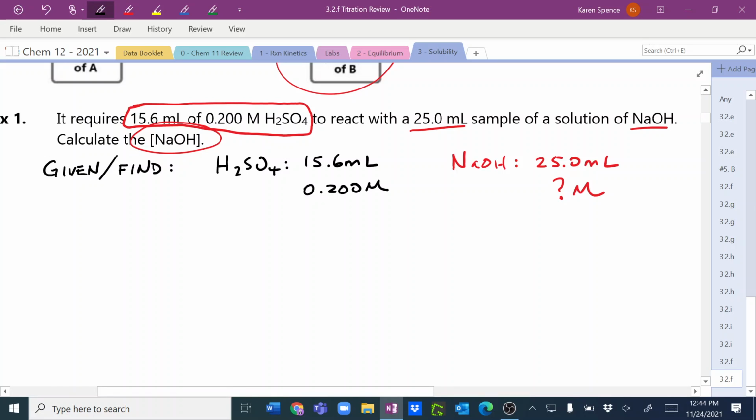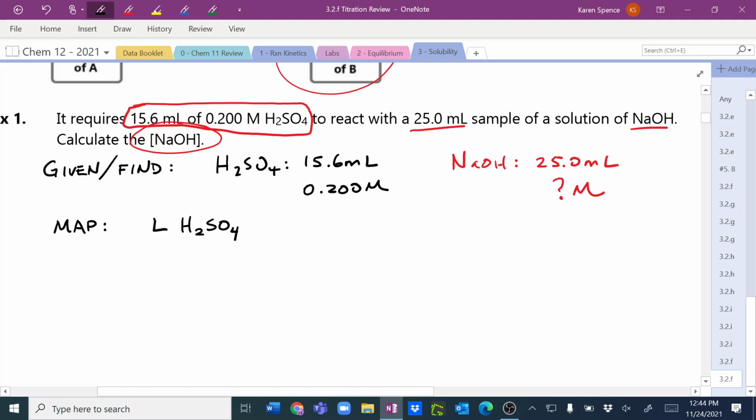The second thing that can also be useful to do is to draw a map of how you're going to get from what you know to what you don't know. So we're going to be starting with our volume of H2SO4, and we'll change it into liters.